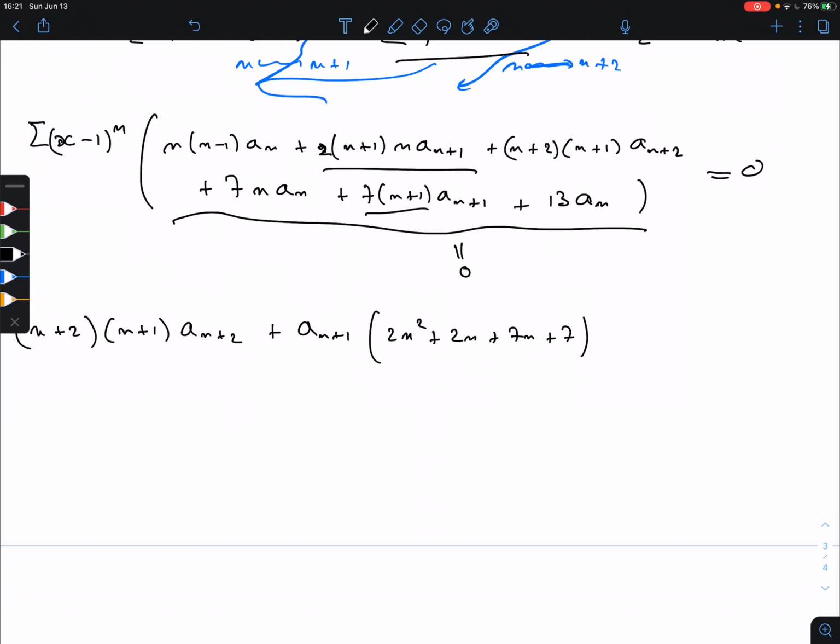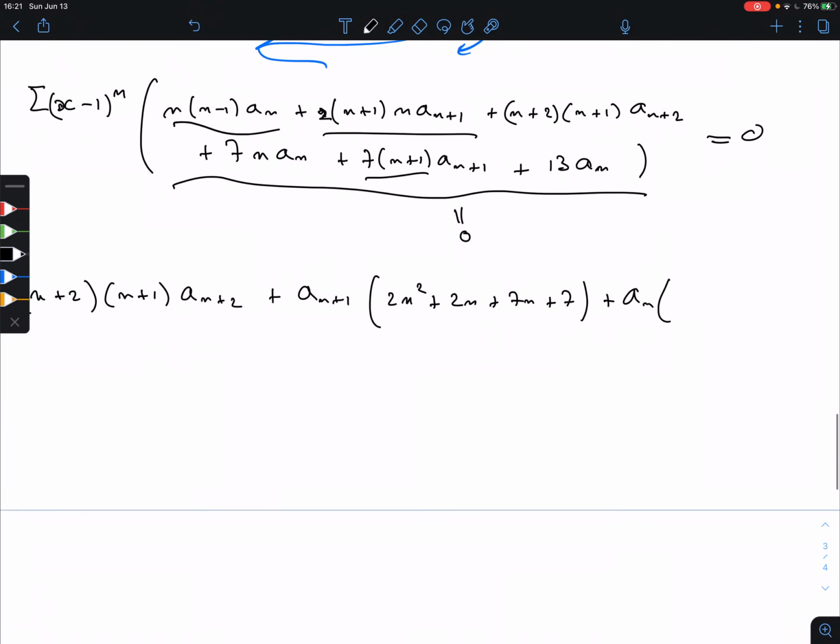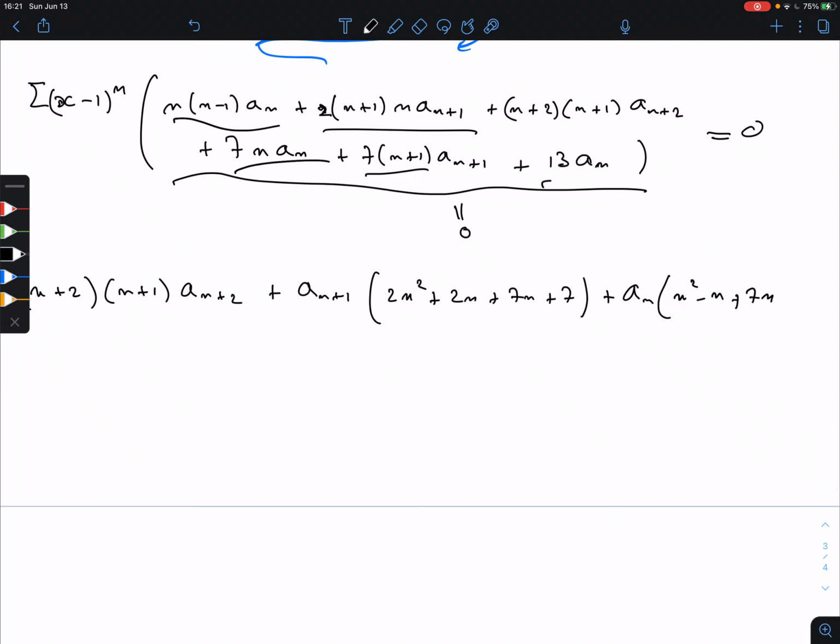Then we have the coefficient of a n: there's this one, n squared minus n, there is this one, plus 7n, and there's this one, plus 13. I should have all of them now. And this is equal to 0. So let's combine this: it is 2n squared plus 9n plus 7, and this is n squared plus 6n plus 13.